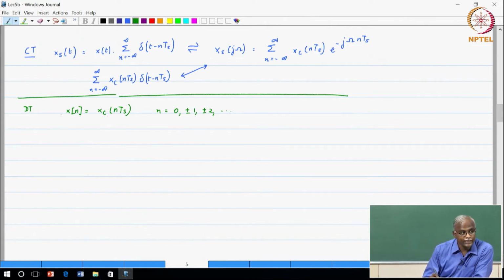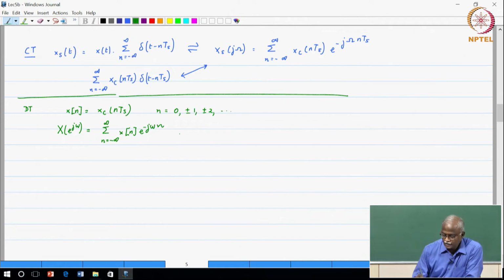For the discrete time sequence, we define the discrete time Fourier transform Xe of j omega as the following: summation n equal to minus infinity to infinity x of n e power minus j omega n. This can also be written as summation n equal to minus infinity to infinity xc of nTs e power minus j omega n. I have two equations which are very interesting and important.